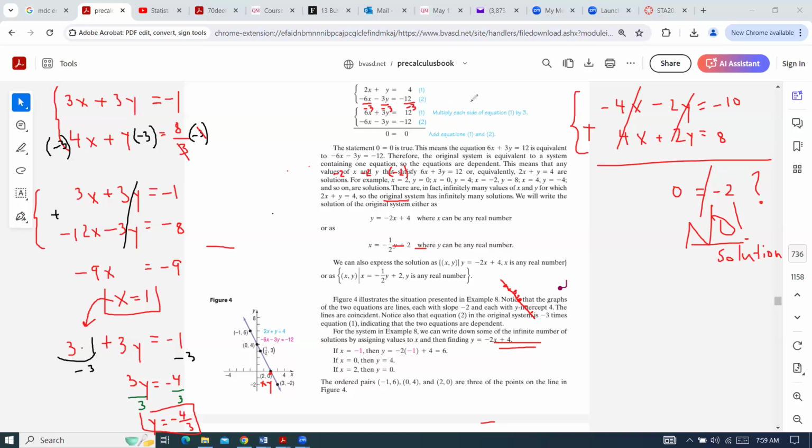It'd be 2x, and also 3 divided by 3, so that'll be just 1. Negative and negative cancel, so that'd be +1y, or just y, equals, 2 negatives cancel, we got 4. Isn't that exactly the same as my first equation? So yes, indeed, we have the case where both equations are the same.